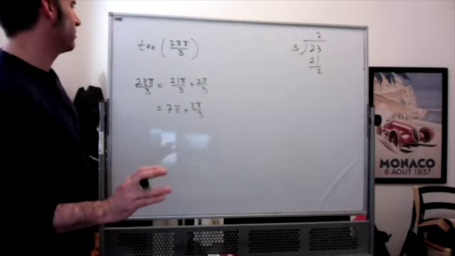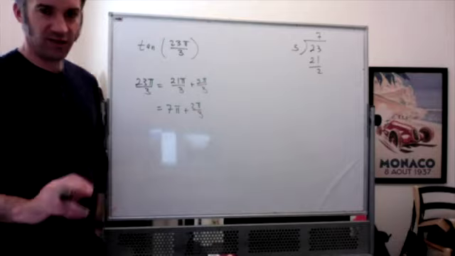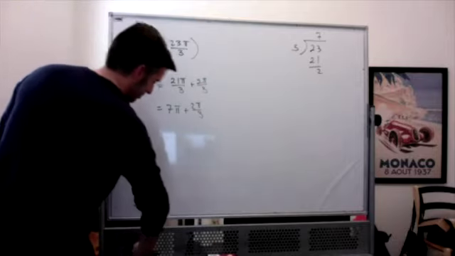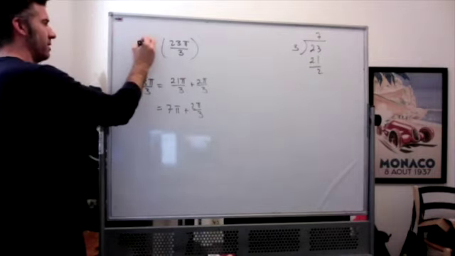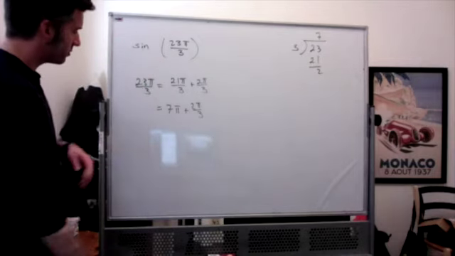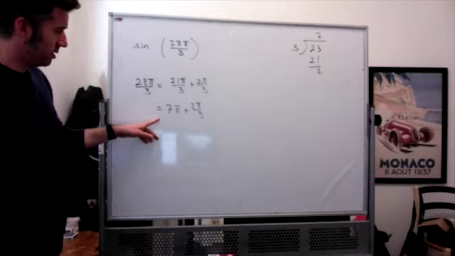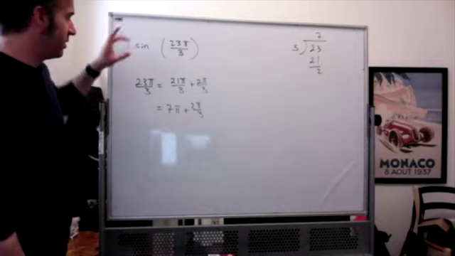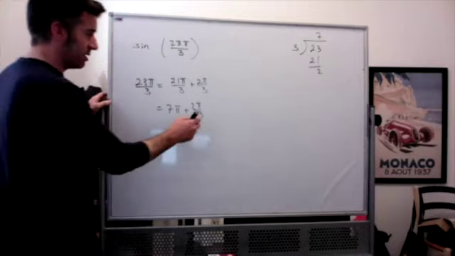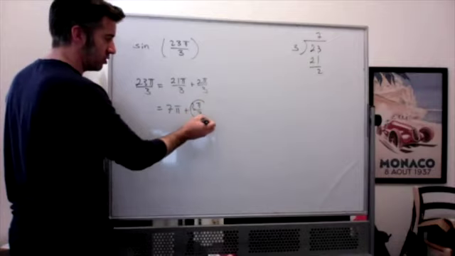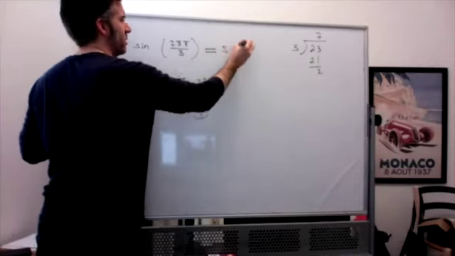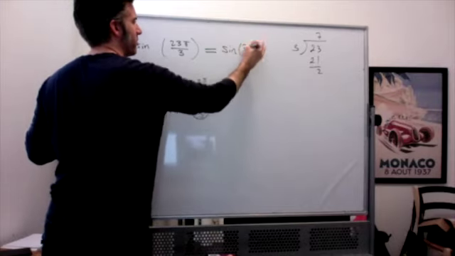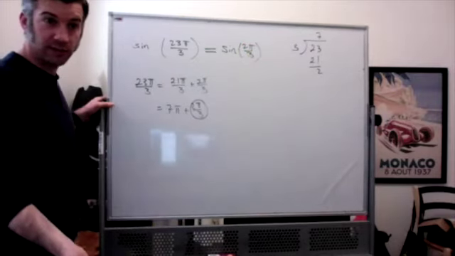I'm going to pick a different trig function to make it matter. Tangent's kind of funky and it matters less. Let's say it was sine instead. I've seen a lot of people for this particular type of question say that the angle is the same as finding 2 pi over 3. So they said, oh, this is the same as sine of 2 pi over 3. And it's actually not.